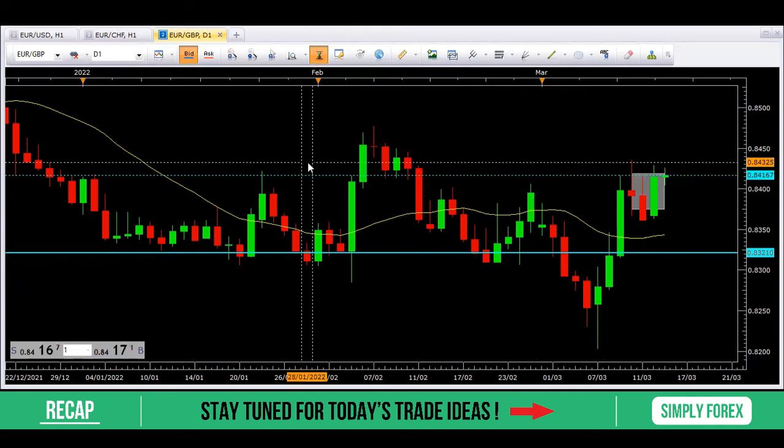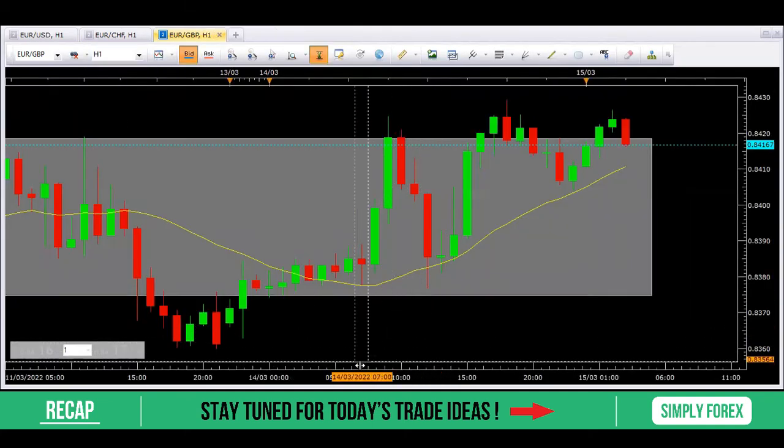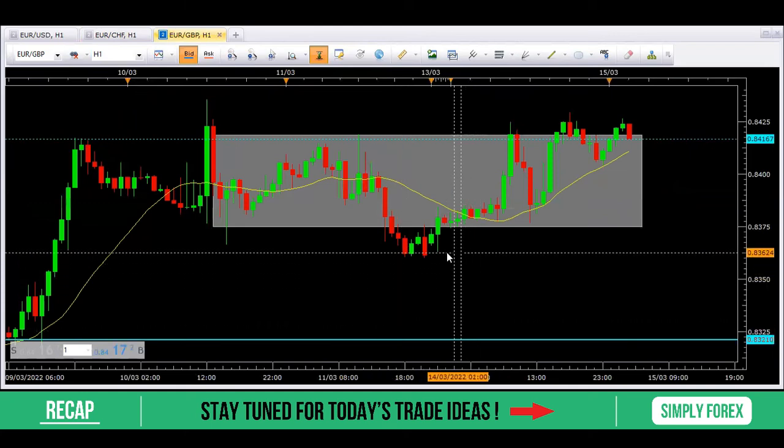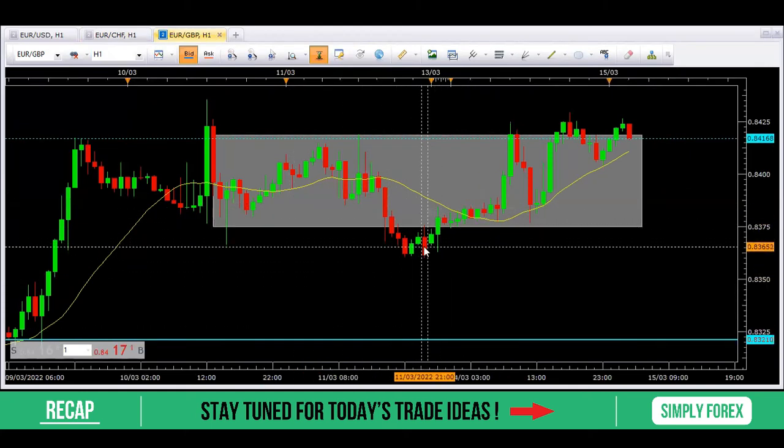Let's look at H1 again because the H1 structure was interesting once again. So price came back down, and then as you can see, price was retraced into this grey zone. It's not until this candle that we get a serious reaction to tell us that sellers are in control.